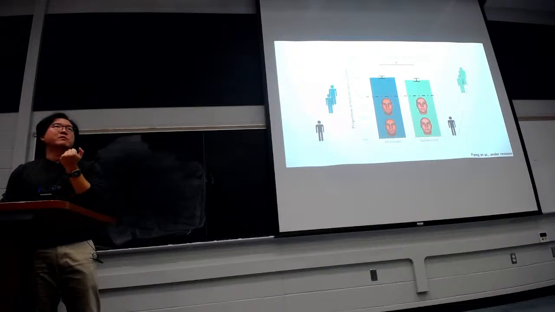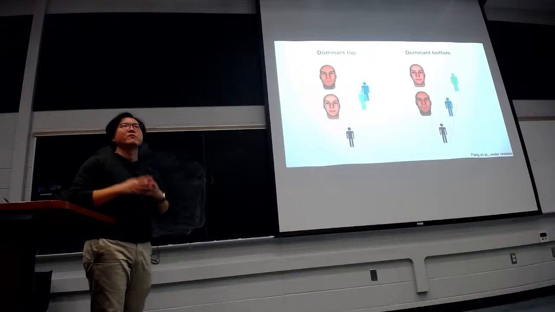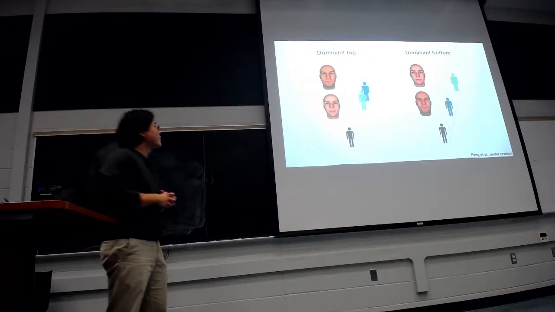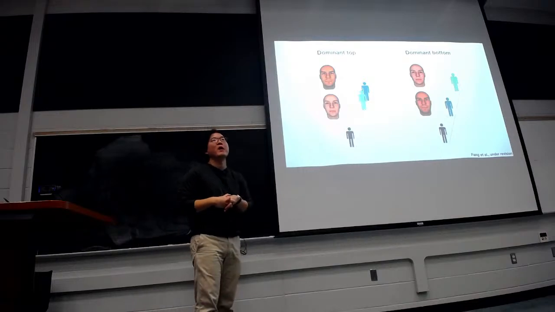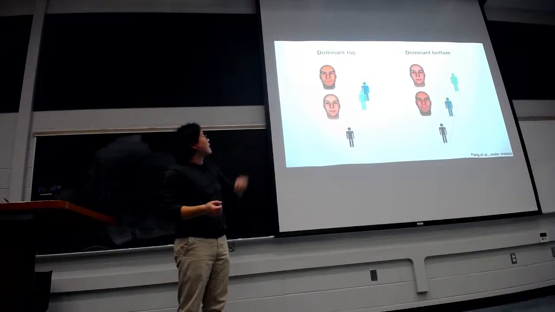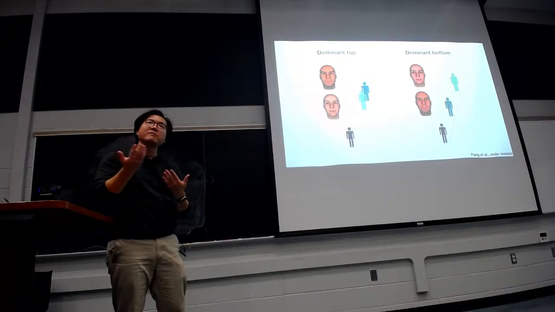And to replicate what we found here, we actually did quite a lot of studies with slightly different designs. Another way to more directly reveal this effect is to pair a dominant face with a submissive face in this way, right? And then you manipulate which face is on top and which face is at the bottom.